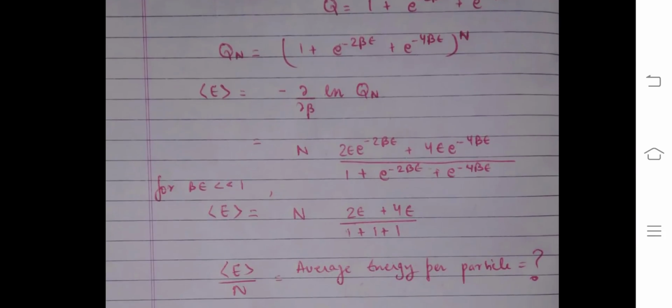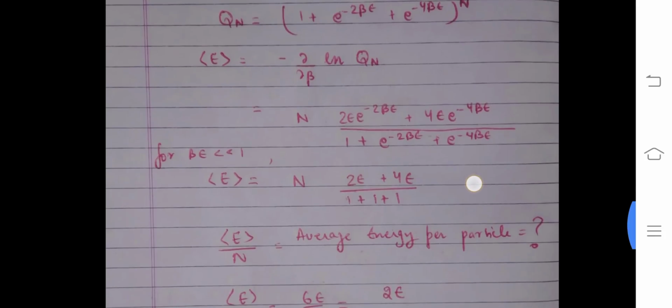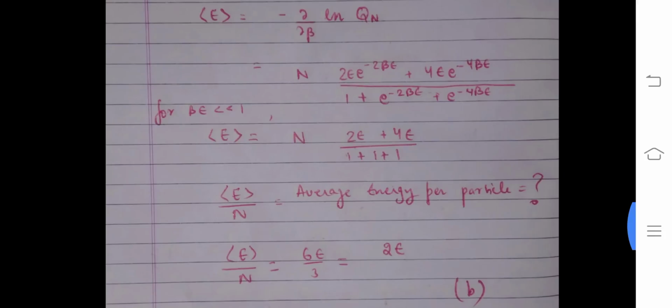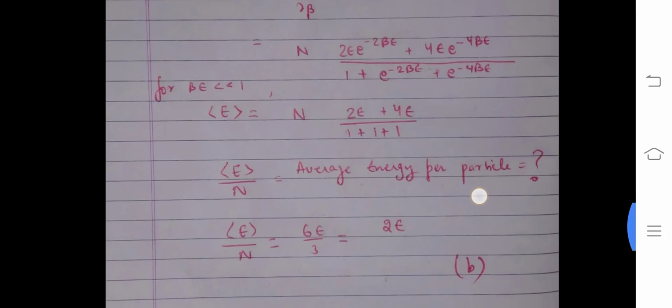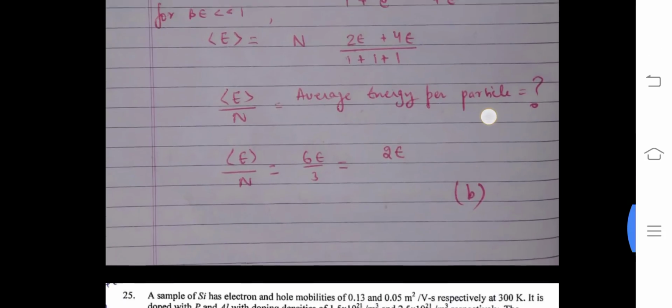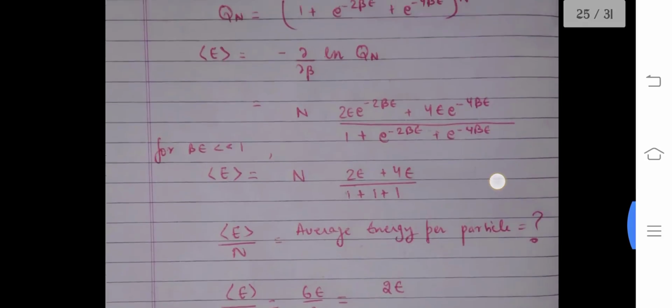So if we solve, we get this one. If beta e is less than 1, then average energy is given by this expression. Now in the question we have to find the average energy per particle. So dividing it by n, we get this result. So option B is the correct one, that is 2e.